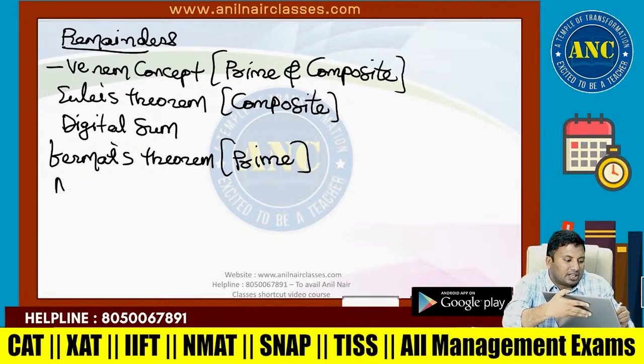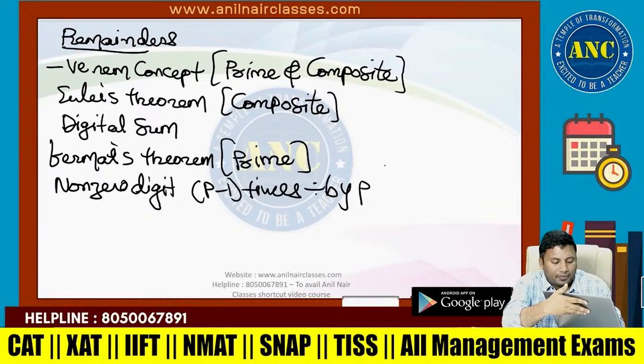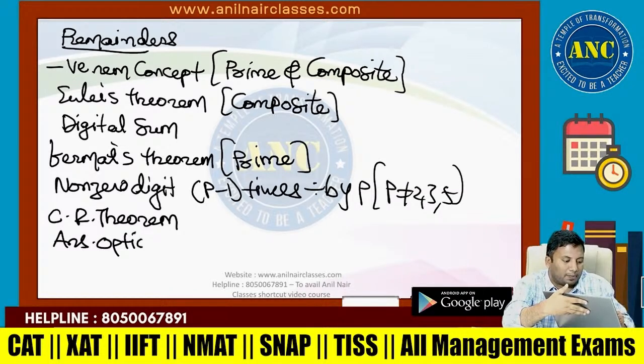Then we discussed any non-zero digit written p minus 1 times is always divisible by p, where p is not equal to 2, 3 and 5. Then we discussed the Chinese remainder theorem. Then we discussed how to solve the questions using answer options.